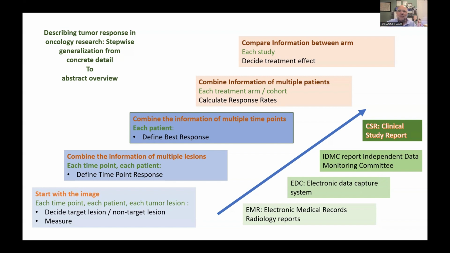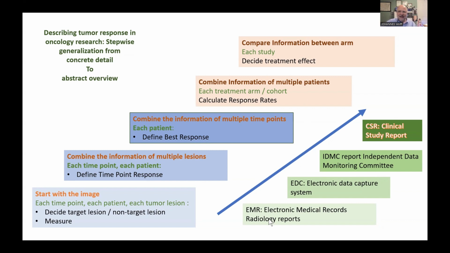And we calculate the response rate, counting the number of patients that had the response divided by the total number of patients. And finally, we compare those numbers between the treatment arms and decide if the study was a success. So it's a big condensation of information ending in the end with a yes or no.